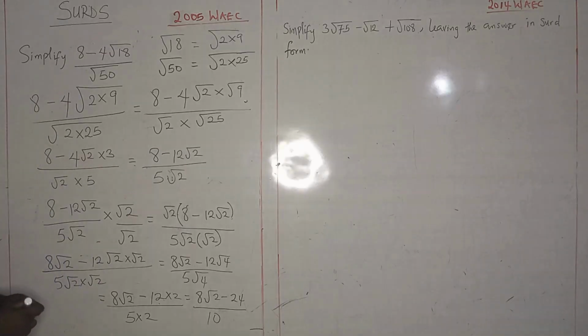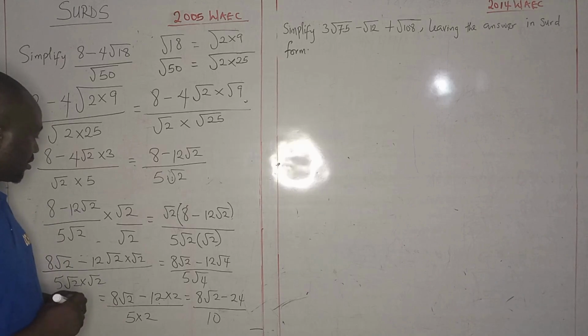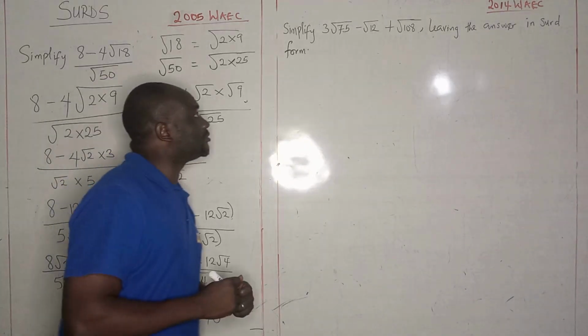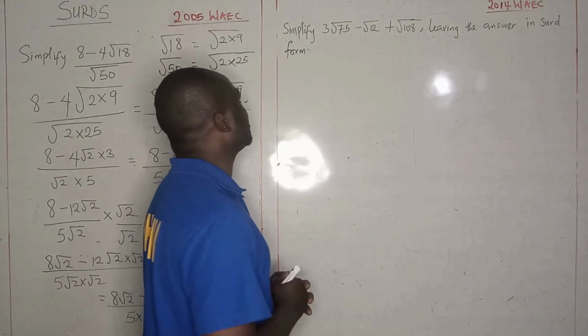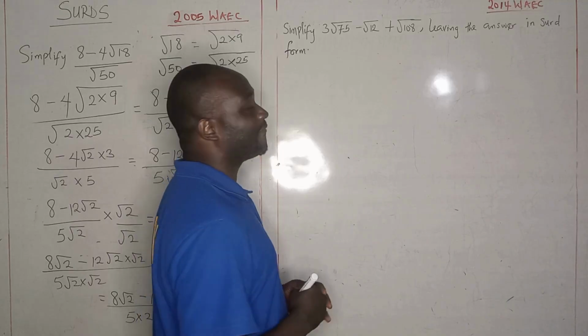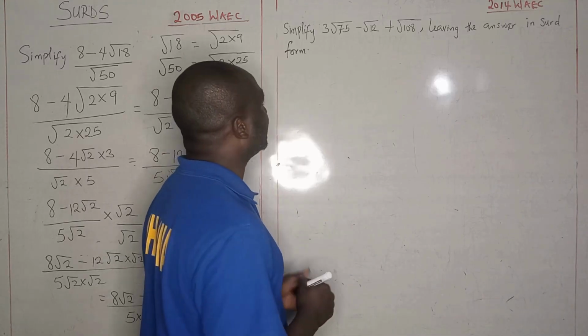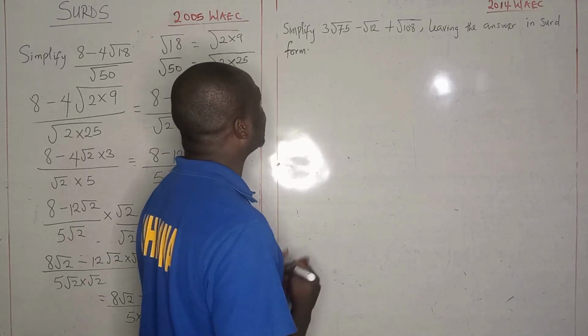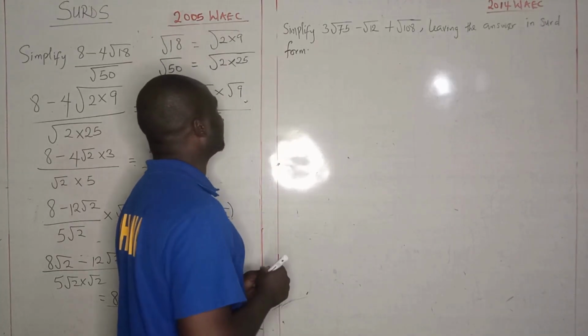And this is our final answer for the 2005 question. Now let's go to the 2014 question. In 2014, we were given this question, which says simplify 3 root 75 minus root 12 plus root 108, leaving the answer in surd form.